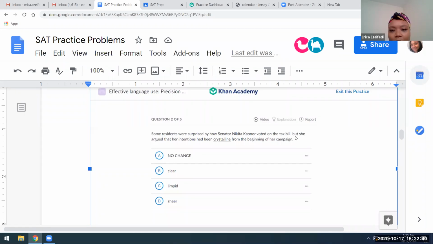It says that whatever came before is going to be contradicted by what comes after the word but. What came before is that they were surprised by how she voted, so what comes after should be that they should not have been surprised. And her being clear about her intentions shows that they should not have been surprised. Clear about her intentions from the beginning of her campaign. So B is the correct answer.